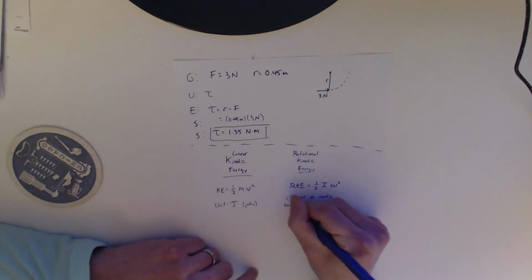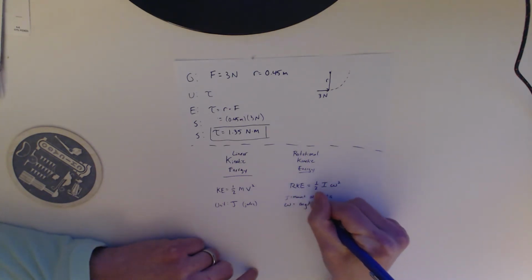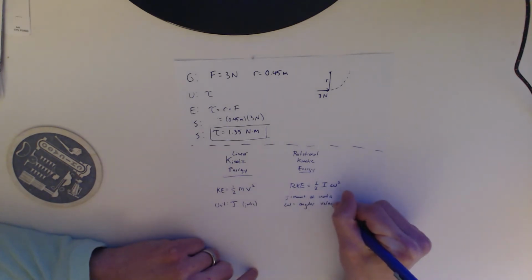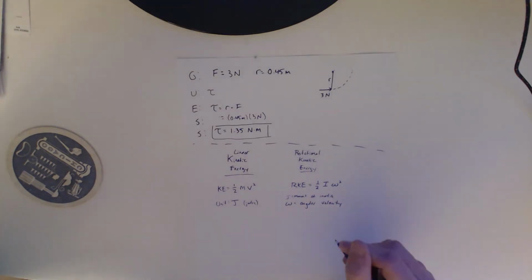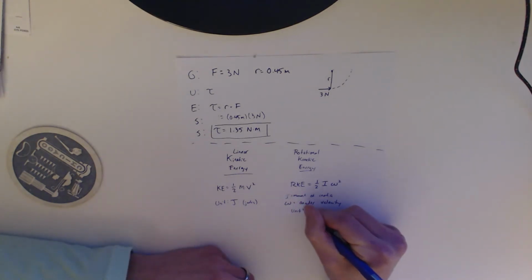And omega looks like a W, it's the Greek letter omega, that is our angular velocity, or how fast something is rotating. And it is also measured in joules, because it is a measure of energy.